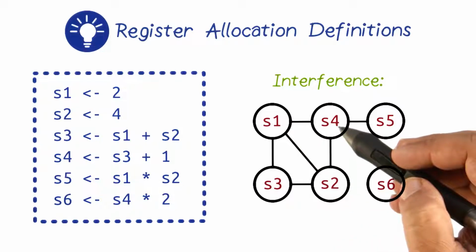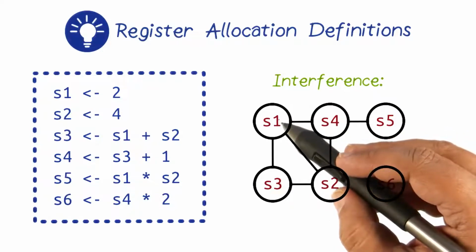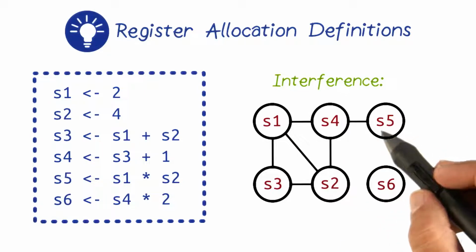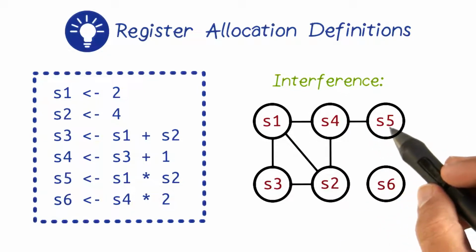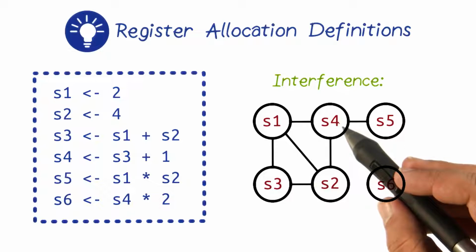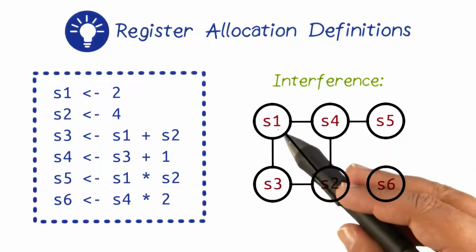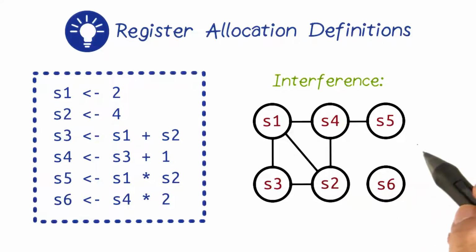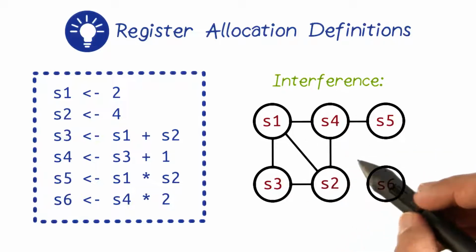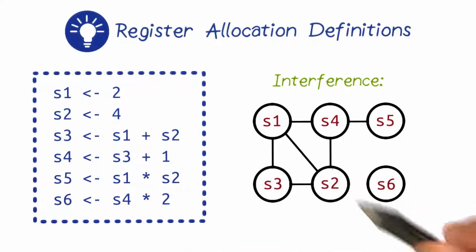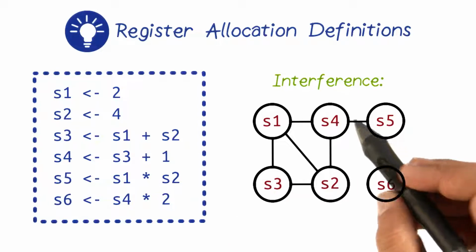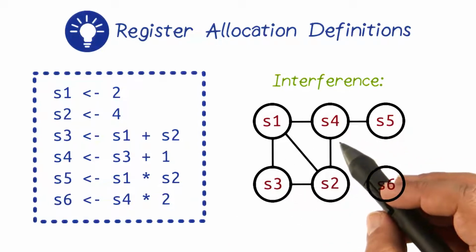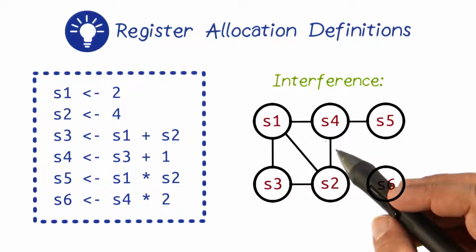And you can also see that S4 has an edge with regard to S1 and S2. In a similar way, you can verify that S5 interferes with S4, but none of the others, and S6 in fact doesn't interfere with anybody because it has no overlapping ranges with the other parts. This graph is called an interference graph, and next we decide to do a coloring on this graph, allocating registers.